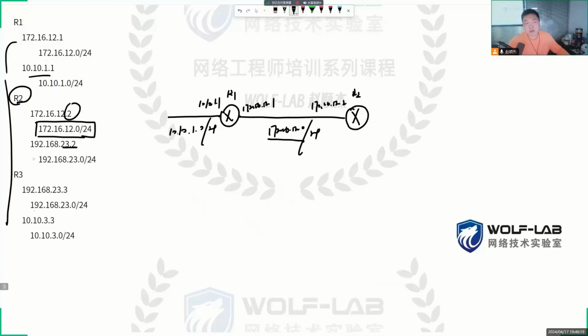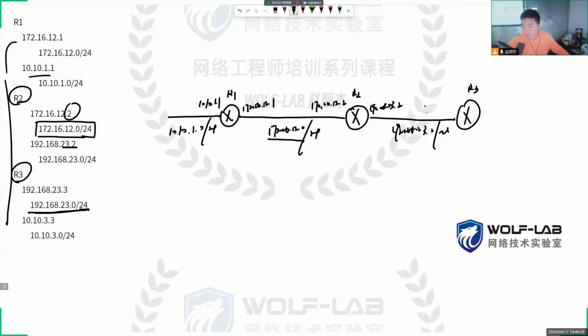It has another address, 192.168.23.2, connected to 192.168.23.0/24.